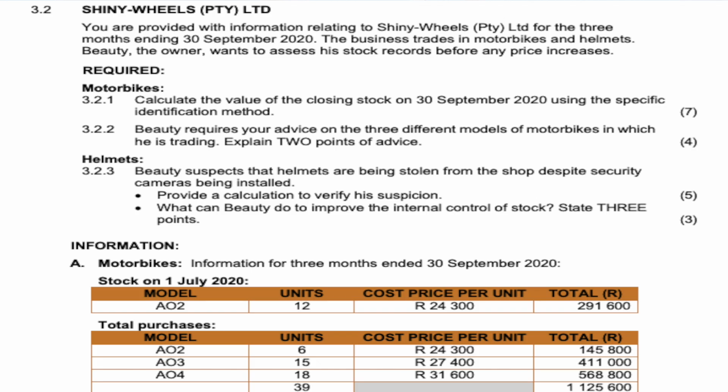The business trades in motorbikes and helmets. Beauty, the owner, wants to assess a stock record before any price increase. Required: we are required to calculate the value of closing stock of motorbikes using the specific identification method. So let us use this method in calculating the value of the closing stock of the motorbike for this business.